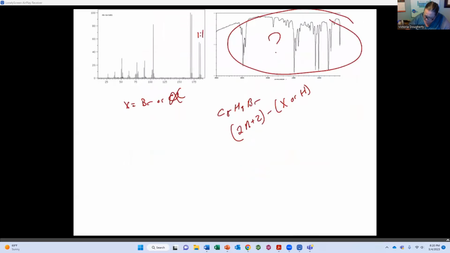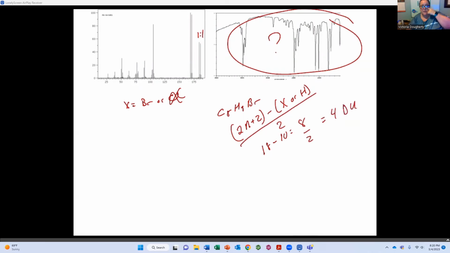And so I have 8 times 2 plus 2 is 16, 18, minus 9, minus 1. We're just going to make that a 10 because some of you guys are freaking out because of negative numbers. And so this gives me 8. All this divided by 2 gives me 4 degrees of unsaturation.